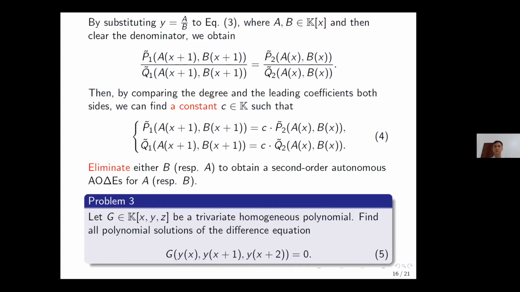Both of them have a positive answer in the sense that yes, we can do that. But in this talk, we ignore it. Now we come to the new problem. Find polynomial solutions of a second order autonomous difference equation.